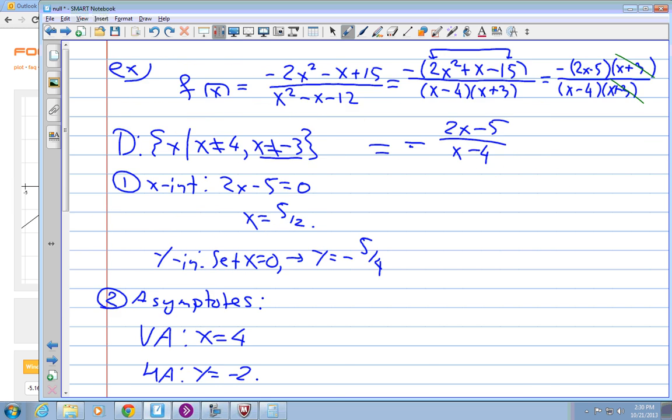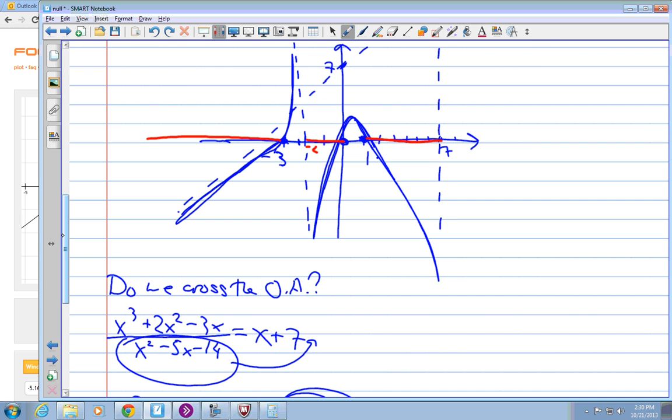what was the other? From negative 2 to 0. But negative 2 is an asymptote, right? So I cannot include that in my solution because my function is undefined at that point. So I'll have a parenthesis at negative 2, but then I'll have a bracket at 0 because the function actually hits 0.